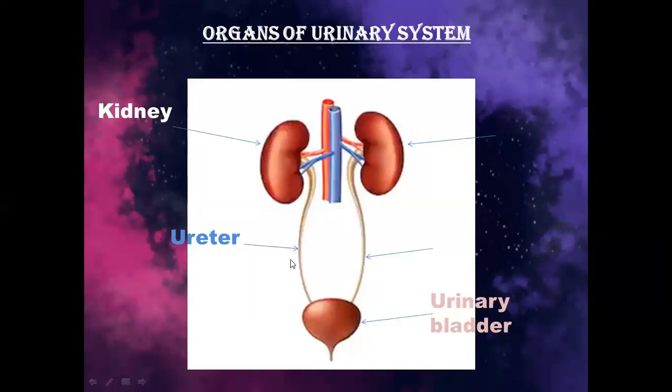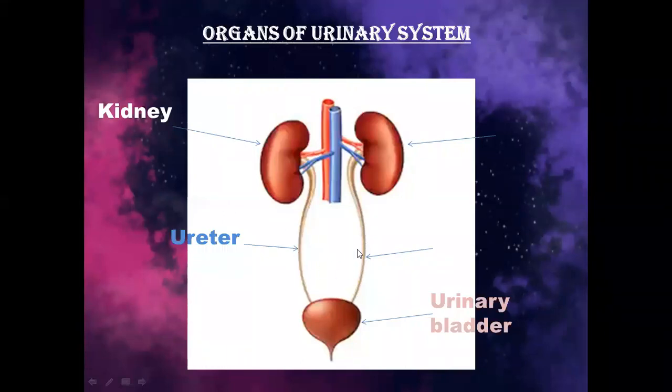This is the right ureter. And here in the left kidney, there is another tube getting out of it. This long tube is the left ureter. So we have right ureter and left ureter.